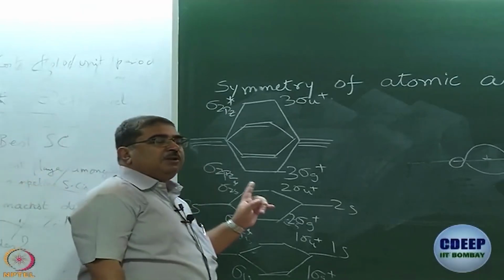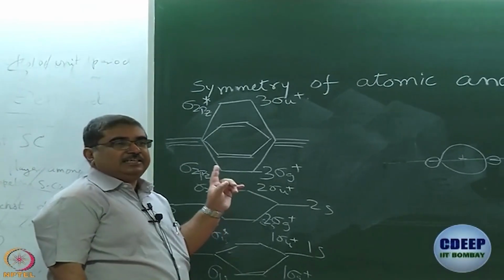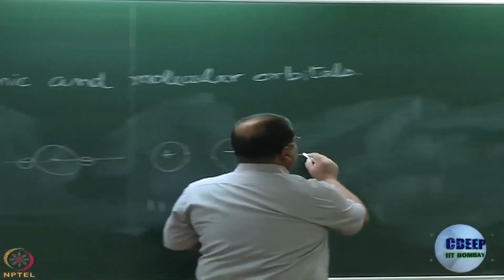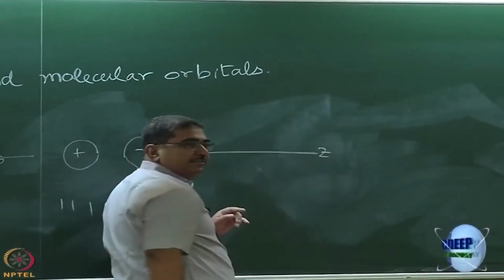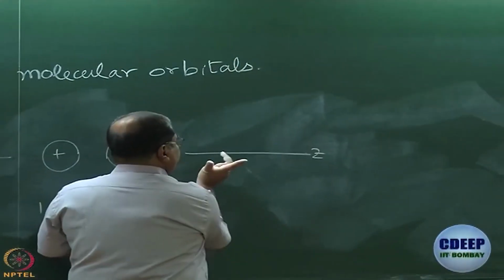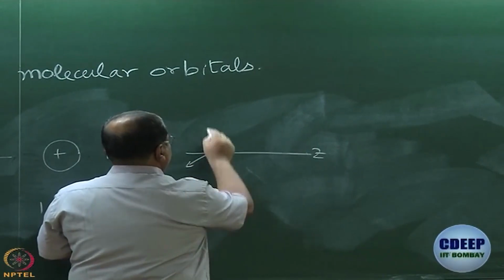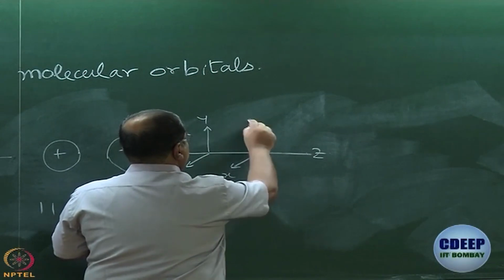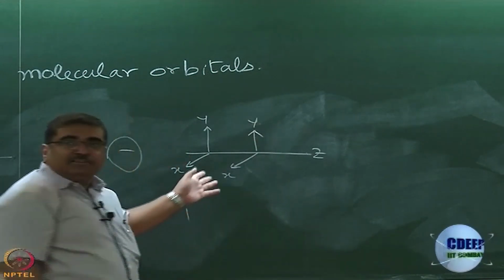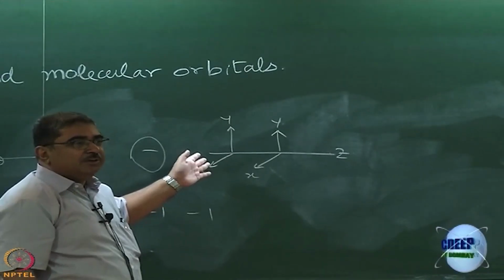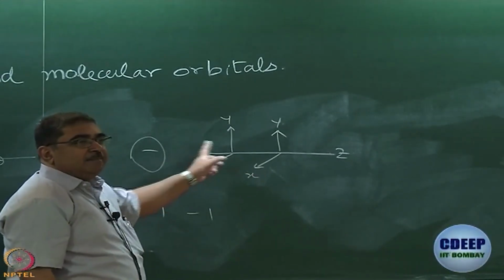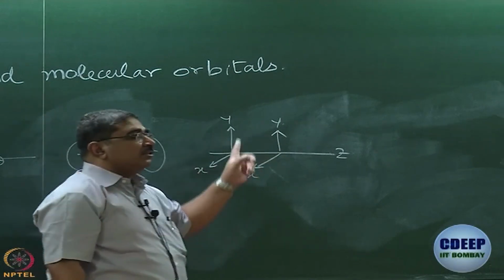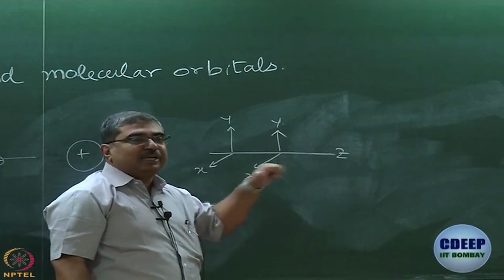Pi orbitals do not belong to a one dimensional representation. Let me draw them like this. This is Z that is defined, okay. Is it difficult to understand if I draw the p orbitals as arrows? These two arrows denote the px orbitals of the two atoms.